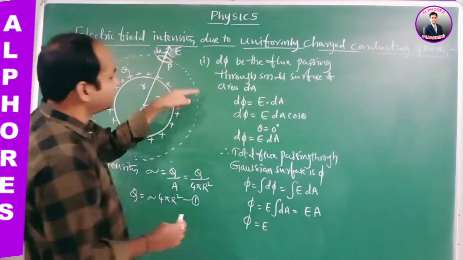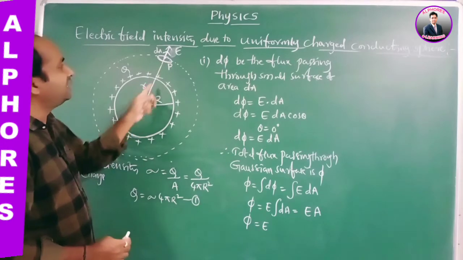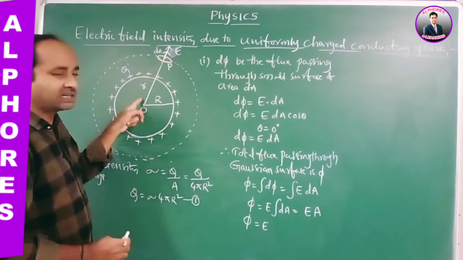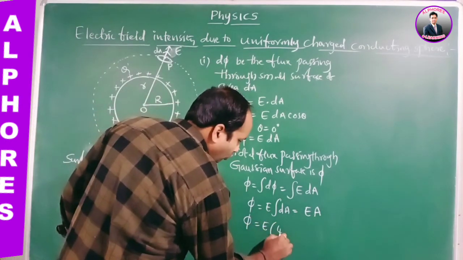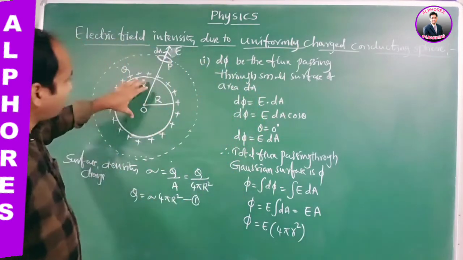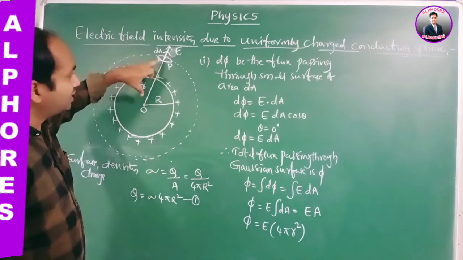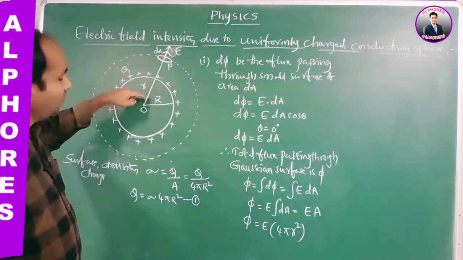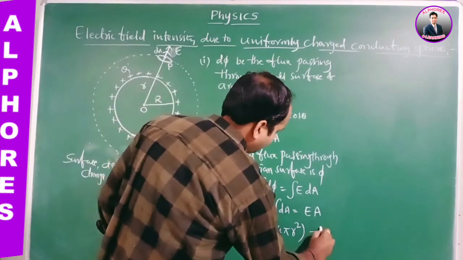The Gaussian surface is also in the form of a sphere, but what is the radius? The radius of the Gaussian surface which we constructed is small r. So A is 4 pi r square, small r square here. The surface area of the conducting sphere is with capital R, but the surface area of the Gaussian surface is 4 pi small r square. Let us take this as equation number 2.